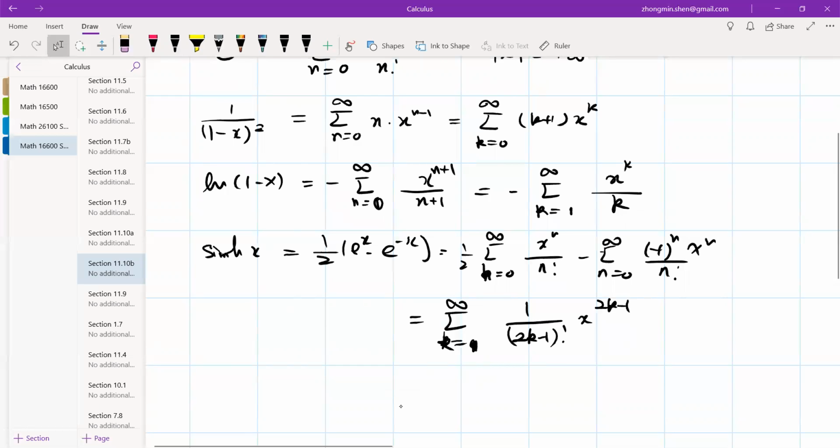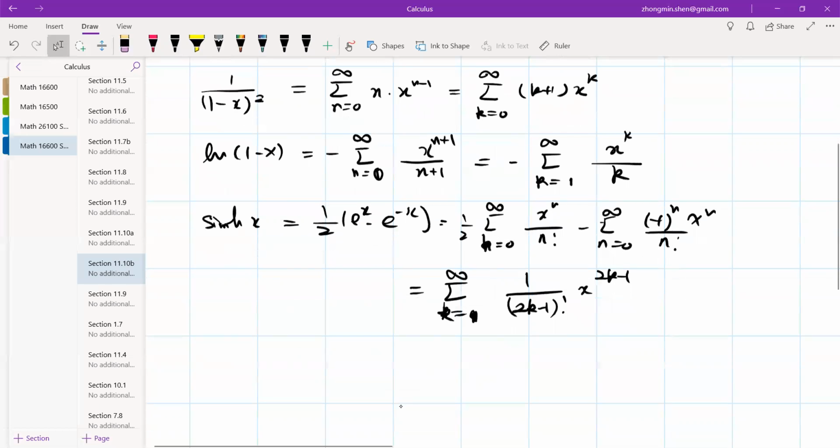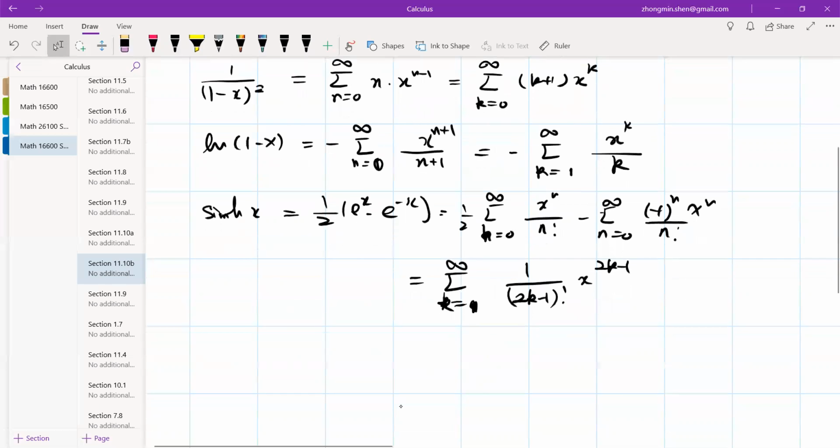So today, what we're going to learn is about sine and cosine. I want to find the Taylor series for sine x. How can I do that? There are a couple of ways to do it.